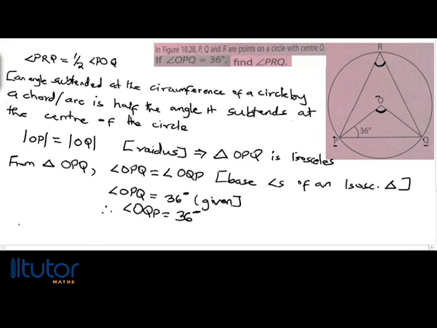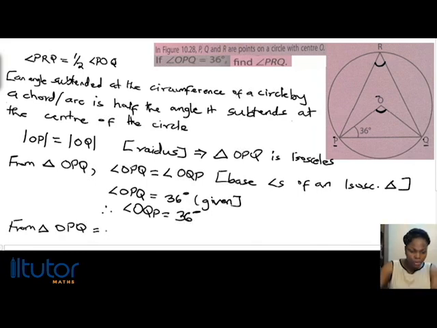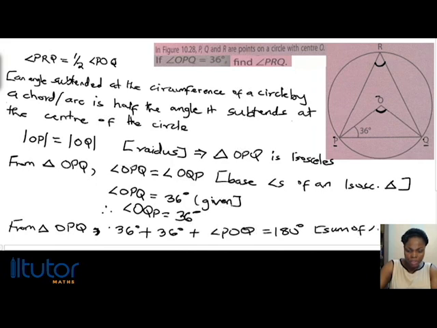So from triangle OPQ, we have two known angles, which are OPQ and OQP. So now we have 36 degrees plus 36 degrees plus angle POQ is equal to 180 degrees, sum of angles in a triangle.